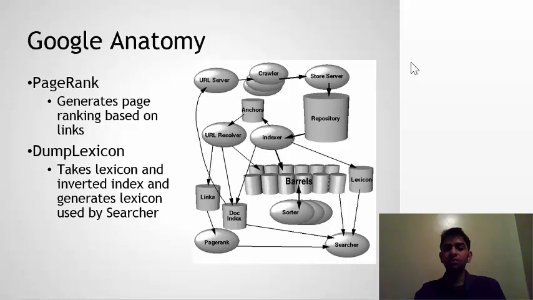PageRank was invented by Google. It generates page ranking based on the backlinks or links coming to it. Dump lexicon is something that takes the lexicon and inverted index to generate a lexicon used by the searchers.